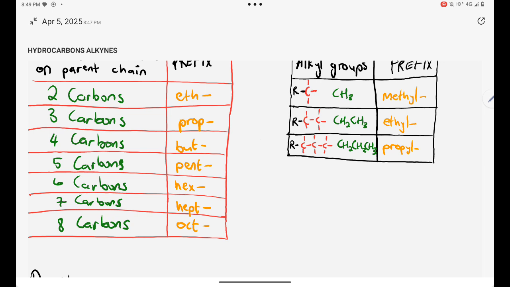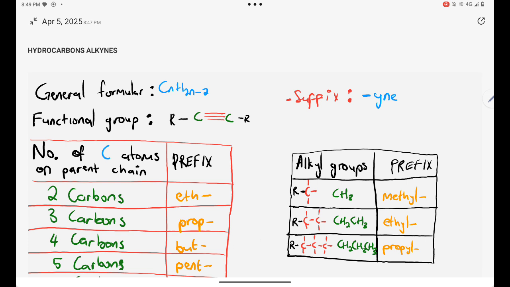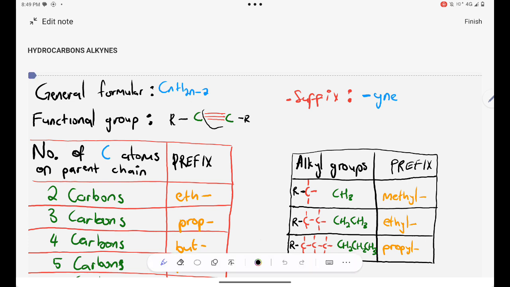Okay, for alkynes, guys, the general formula is simply CnH2n minus 2. Alkynes do have a functional group. We can differentiate alkynes from any other organic molecules by the triple bond between adjacent carbons.